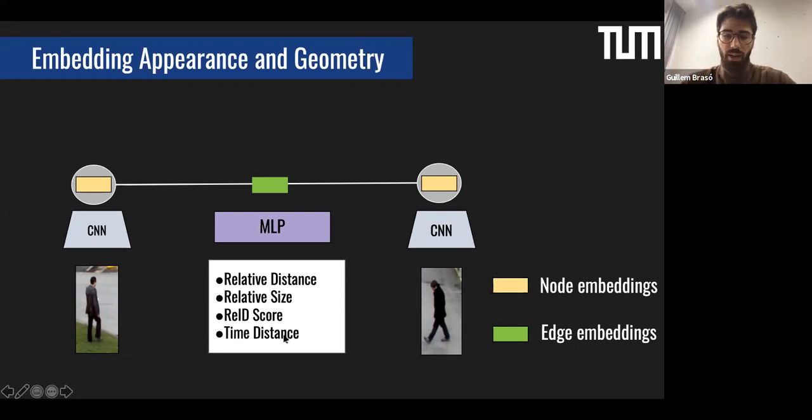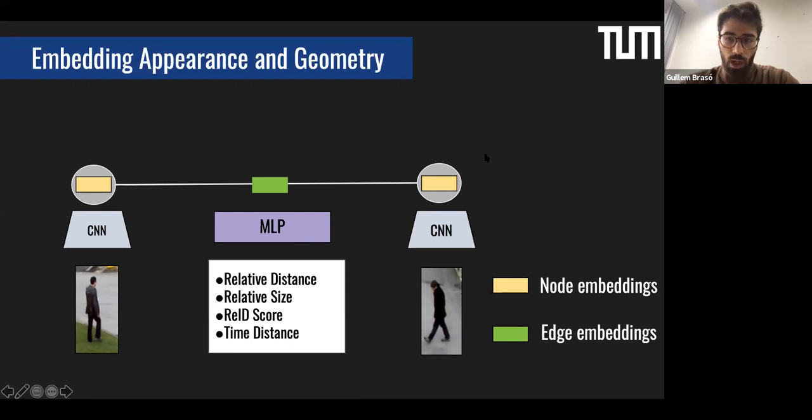And we also have a score telling us how far apart they are in time, the time distance between these two object detections. You feed this vector to an MLP and get an initial edge embedding. This is just to get an initial representation of pairwise relationships in the graph.